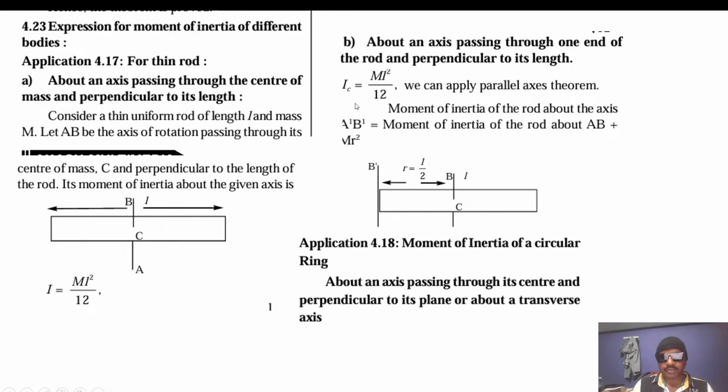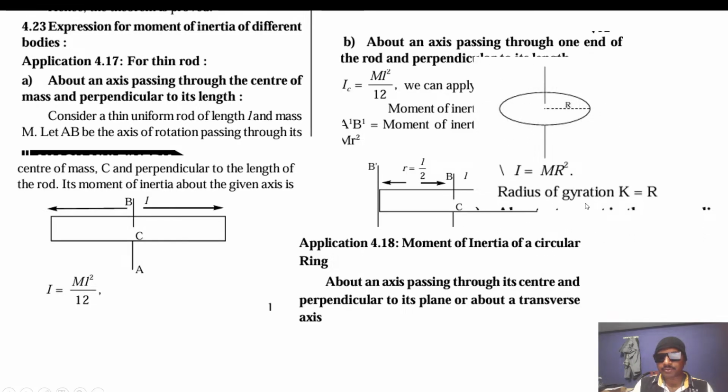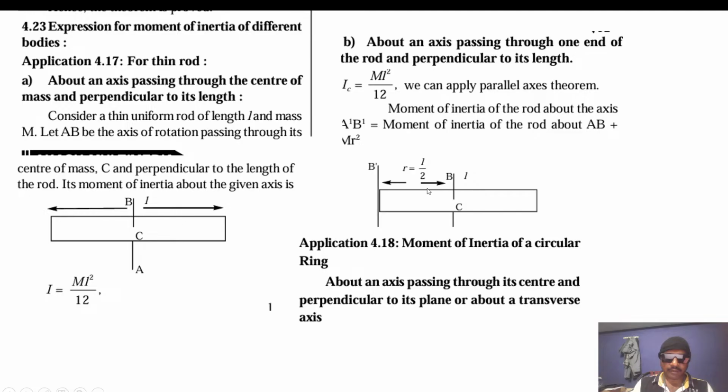So m l square by 12 plus m into r square, where r is l by 2, so m into l by 2 whole square, then we will get it.